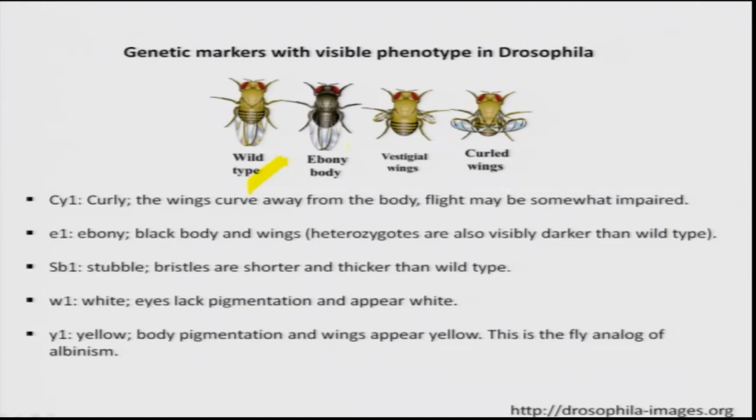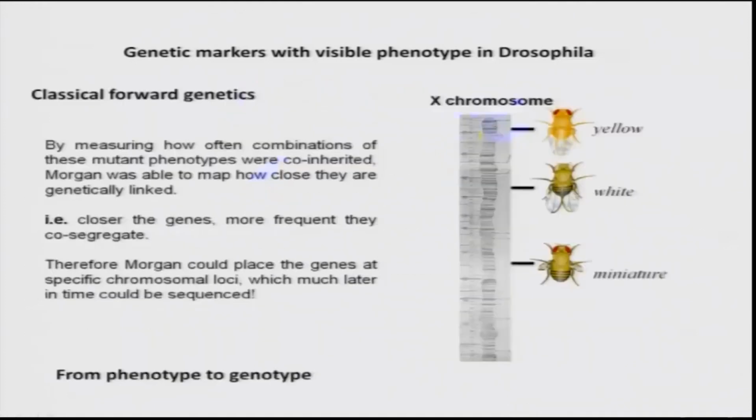For example, you have a much darker body of the fly called ebony, or vestigial, where you can see that the wing is much smaller, or curled wings, where the wing became distorted, and so on. Morgan used these phenotypes to map them on the chromosome and show that indeed there is something on the chromosome that gives this phenotype. There are markers which help us to identify that.